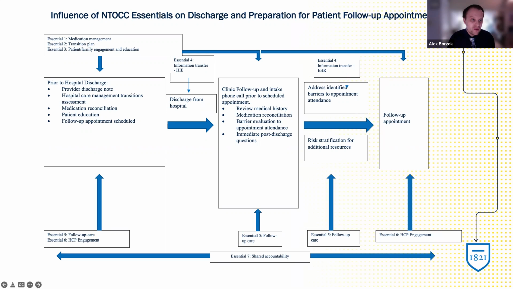So before the patient is even ready for discharge, the hospital needs to complete their transitions assessment, do medication reconciliation, educate the patient, make sure that follow-up appointment is scheduled. And the bulk of the NTOC essentials fall here.